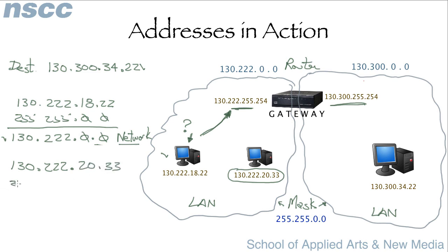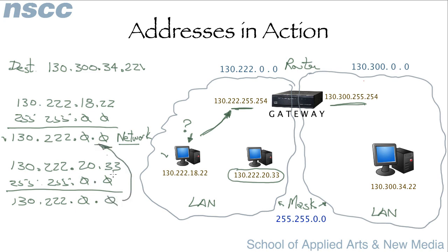We're going to use our network mask to find the network that destination address is on, and what we'll get is this. It compares that to the network it's on and sees they're the same. Therefore, it uses a mechanism that we're going to learn later to deliver it through the local LAN to this machine.